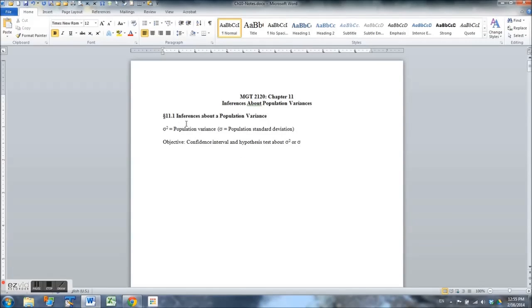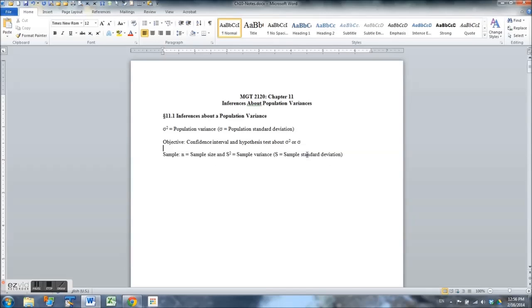So we have a single population, and sigma squared is the population variance. In other words, sigma is the population standard deviation. And our objective is to develop a confidence interval and perform hypothesis tests about sigma squared, the variance, or sigma, the standard deviation. They both are equivalent.